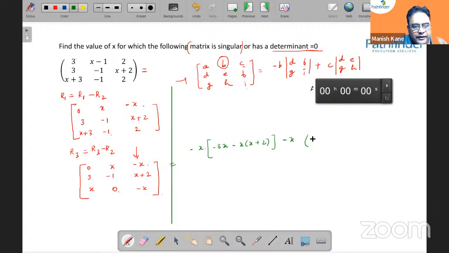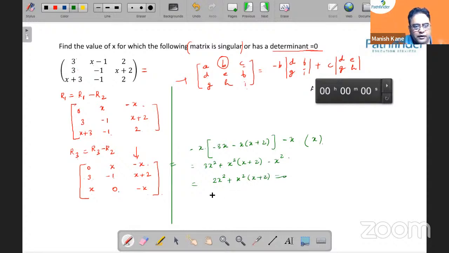And minus of minus x will be plus of x. So what do you get? 3x square minus plus, so plus x square into x plus 2 and minus x square. So what do you get? You get 2x square plus x square into x plus 2 is equal to 0.